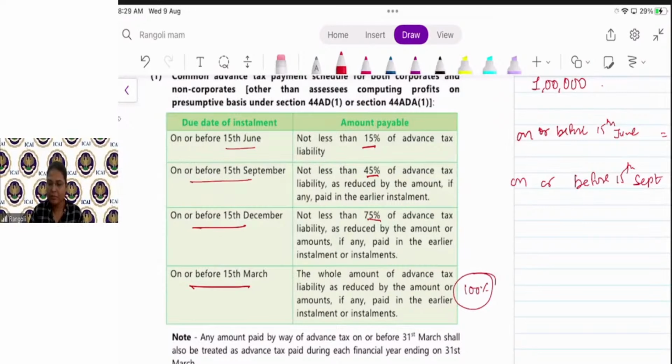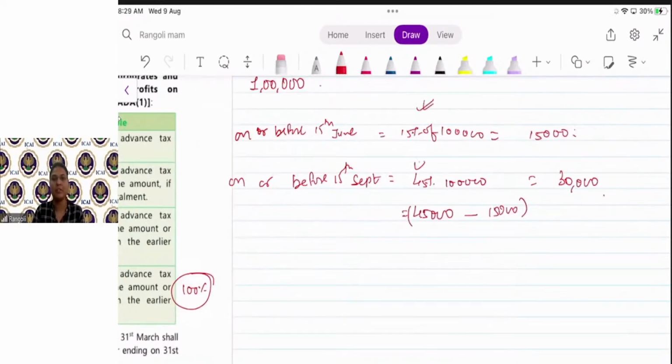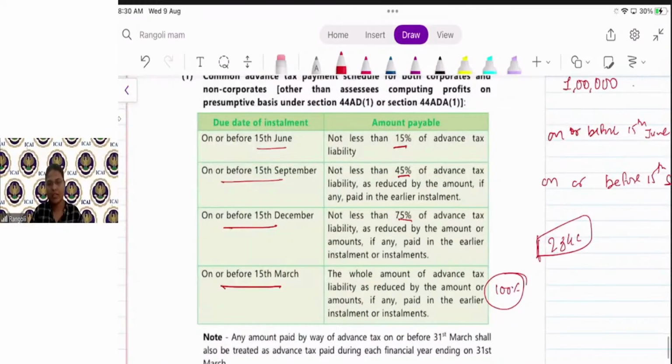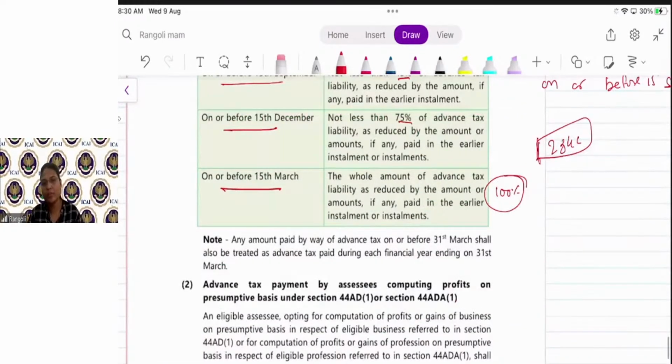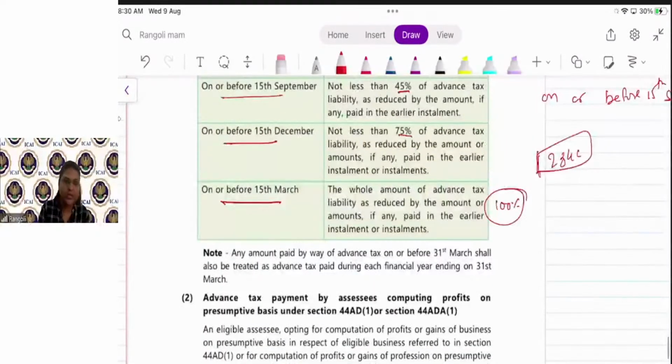Now, if you fail to deposit 15% or 45% of your tax liability to the government, then you need to pay interest under section 234C, which we will discuss. Now, if you are opting for presumptive taxation, that is 44AD or 44ADA, then there is no need to pay advance tax for these three quarters.